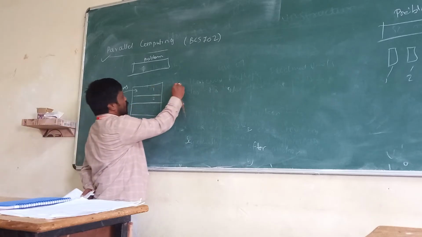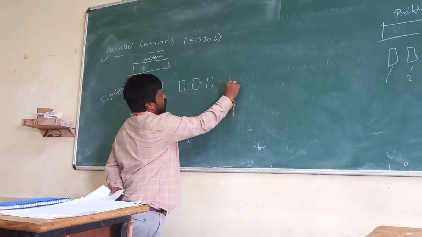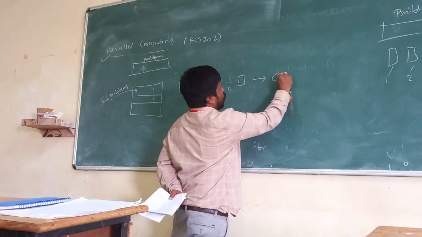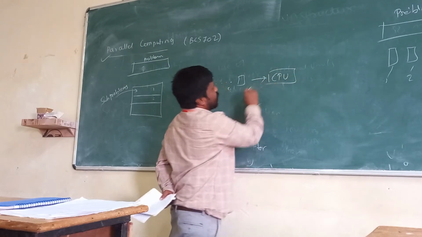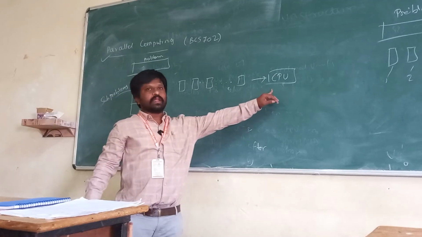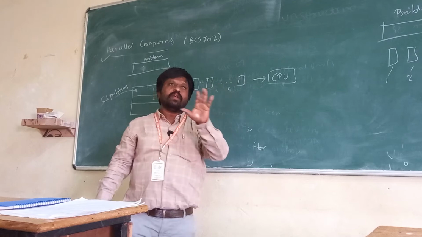Each sub problem is again divided into a number of instructions, which will be executed on CPU1. I'm not taking CPU1 to mean a separate processor. The CPU is nothing but the sum of the functional units.